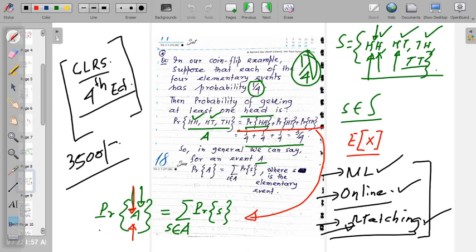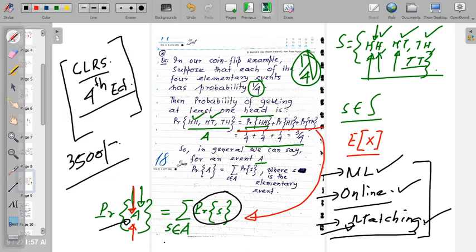So this event A comprises these elementary events, and we add up those probabilities because elementary events are mutually exclusive. That far we have discussed.